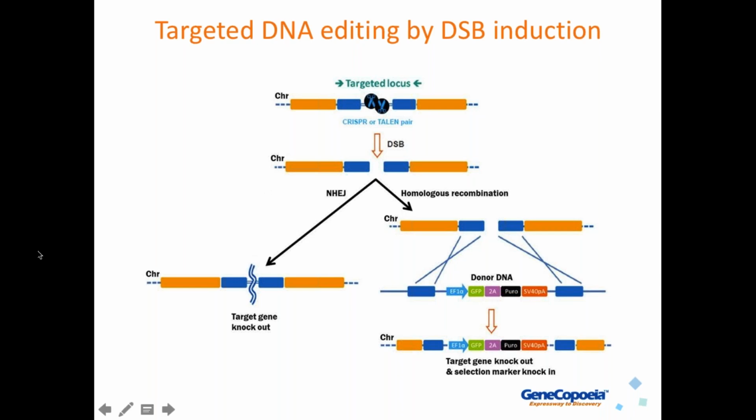And so what often happens is you get small insertions or deletions, also known as indels, which, two-thirds of the time, at least in theory, can create frameshift alleles if they're targeted to protein coding regions, and that can be used for targeted gene knockout.